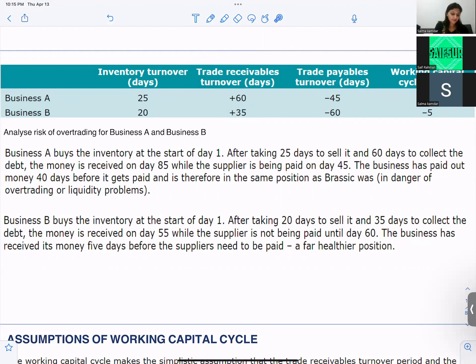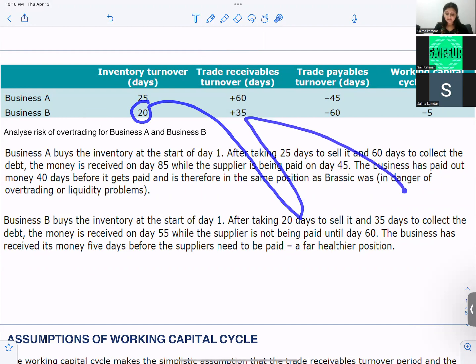Now, business B doesn't risk overtrading because it buys the inventory at day one. Then it takes 20 days to sell the inventory and 35 days to collect payment. So money is received on the 55th day, and you pay the supplier on day 60.